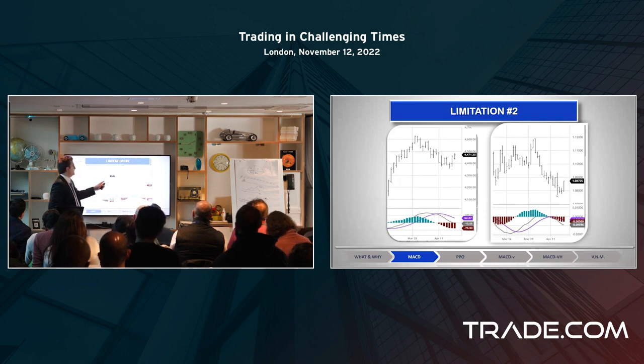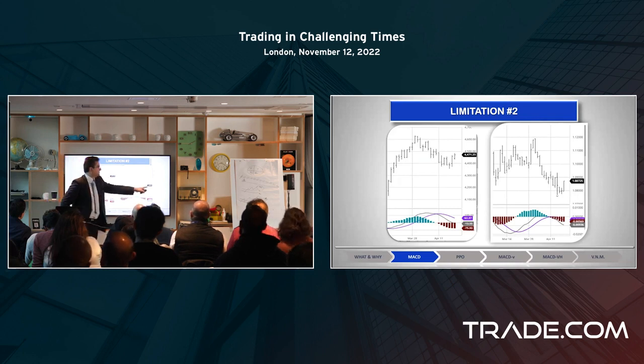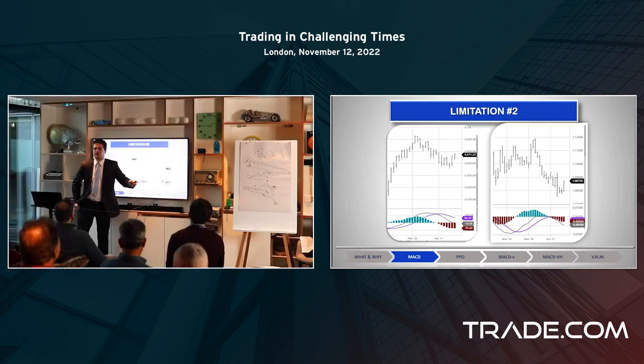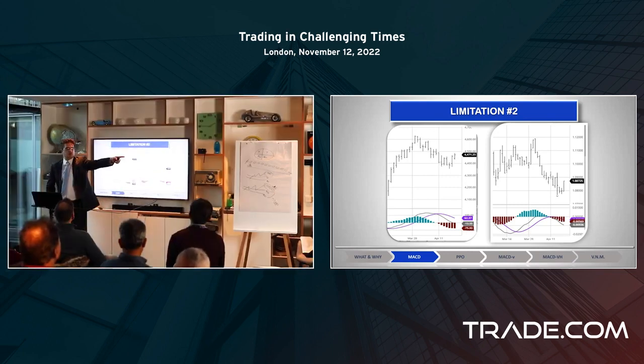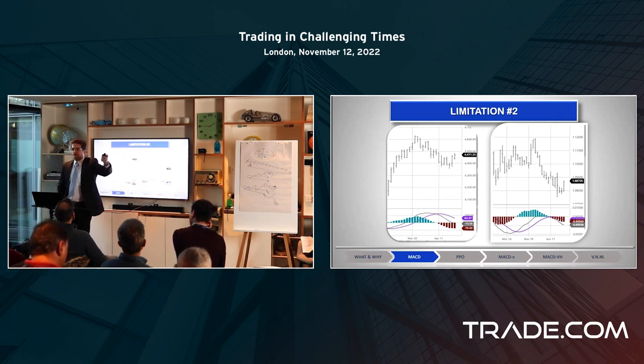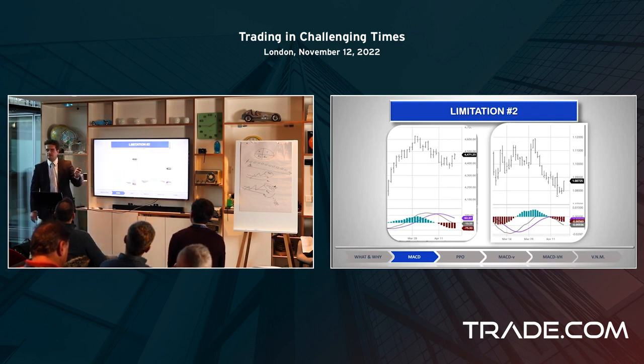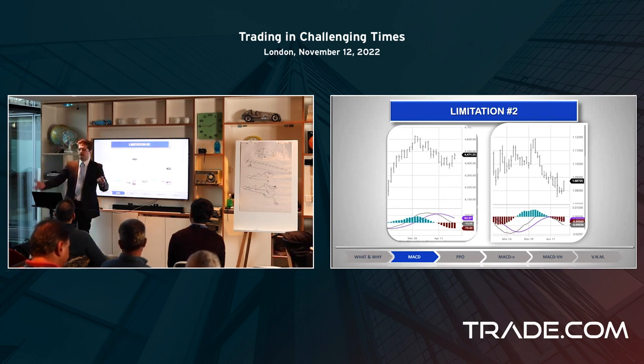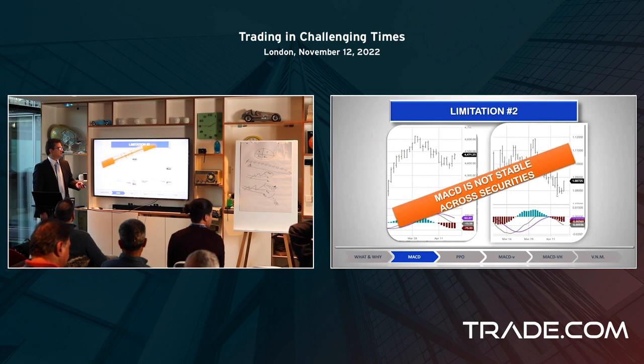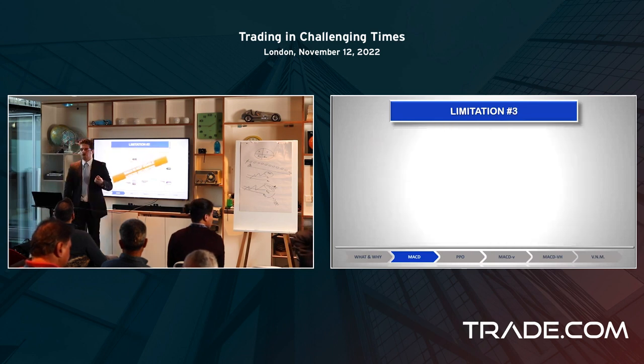But the thing is, if you compare the MACD on a market which is 4,500, one which is 1, you'll see you get completely different readings. Because as I mentioned, it's an absolute price indicator, which means the readings of the MACD from one market to the other are not comparable. So you can't say, okay, this MACD is this, the other market is that, so this has more momentum than the other one. So the MACD is not stable across securities. So that's the second limitation.